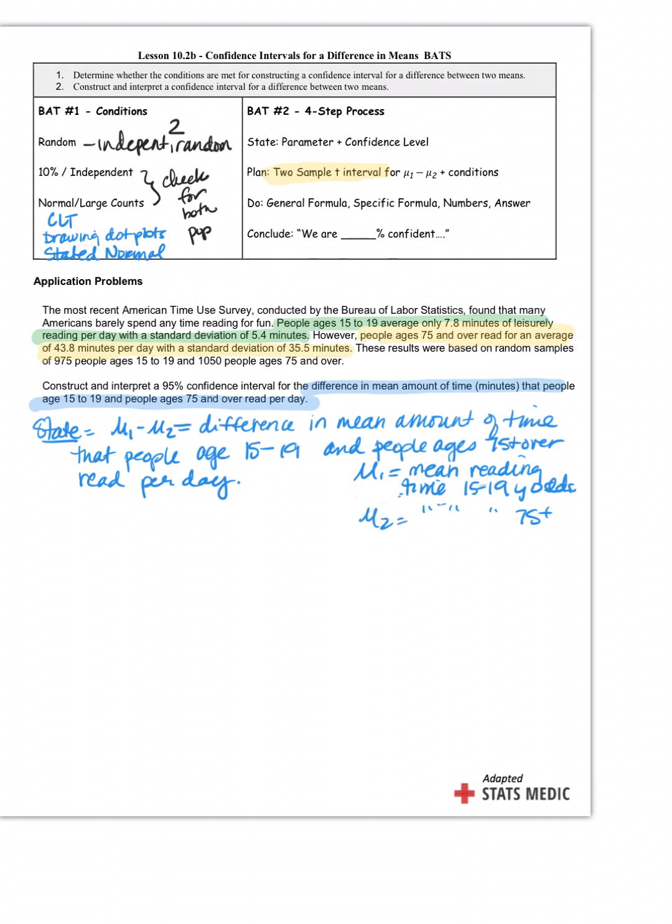Mean reading time for 75 plus ages. All right, so I've defined it there. The reason I thought that was important is because mu needs to represent a mean. They might dock you on that if you don't say it's a mean something. Okay, there's my state. I'm doing a 95% interval.